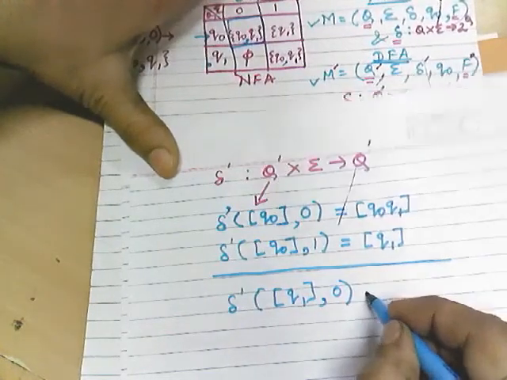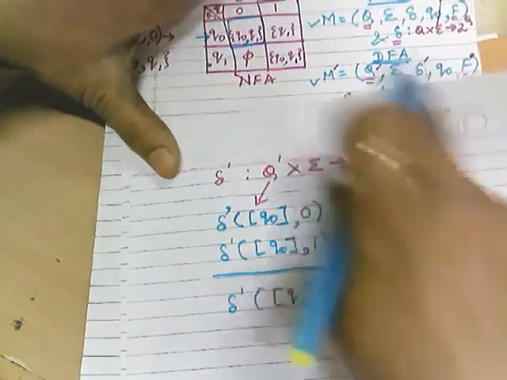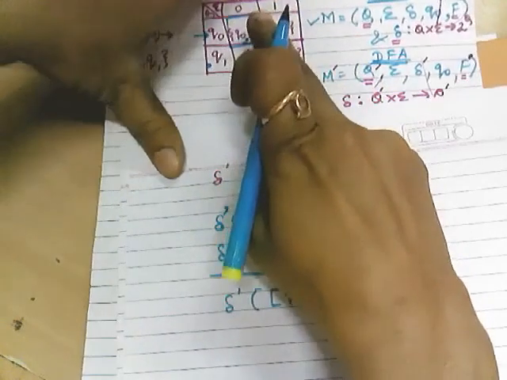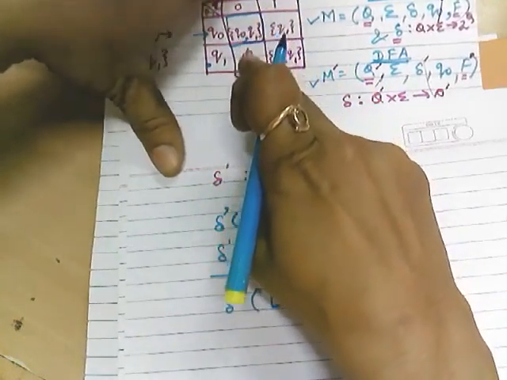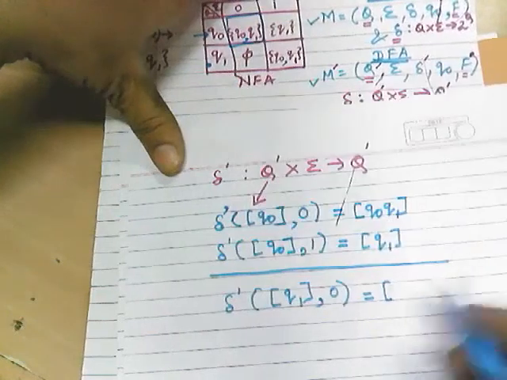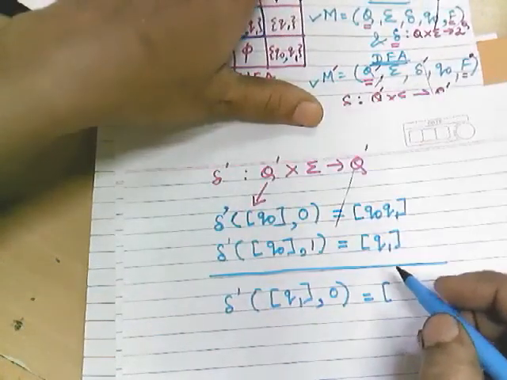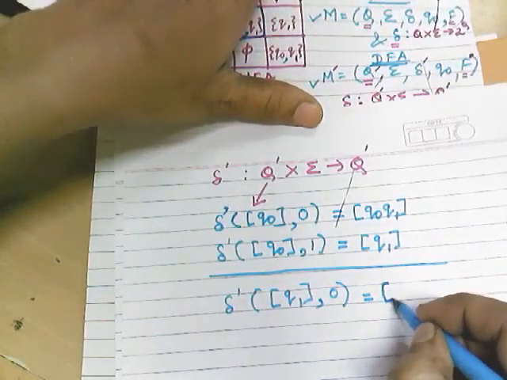Yes, so q1 on 0 is going to 5. That means no transition, so here there will be 5. I need to write here 5.